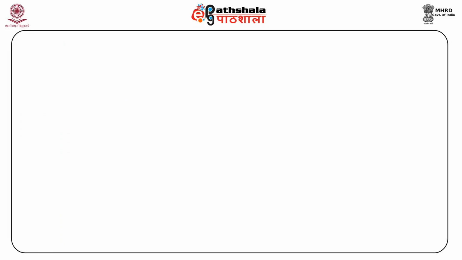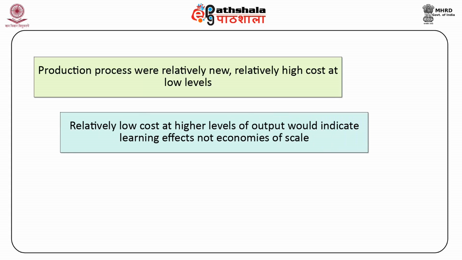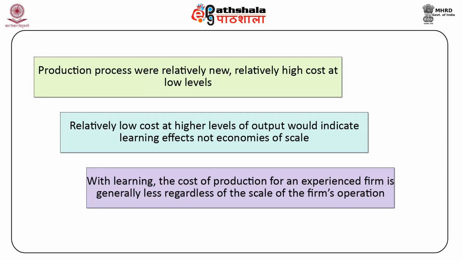In case the production process is relatively new, relatively high costs at low levels, and relatively low cost at higher levels of output would indicate learning effects, not economies of scale. With learning, the cost of production for an experienced firm is generally less, regardless of the scale of the firm's operation.